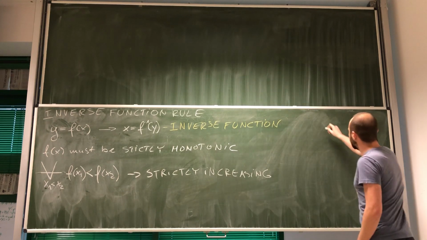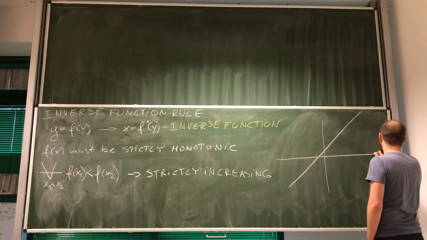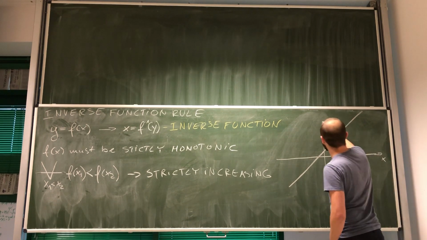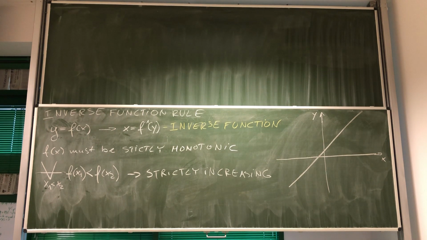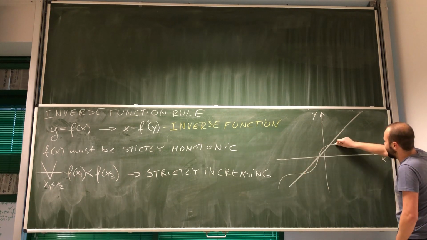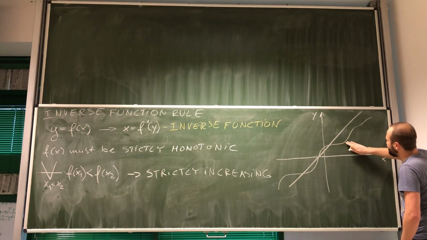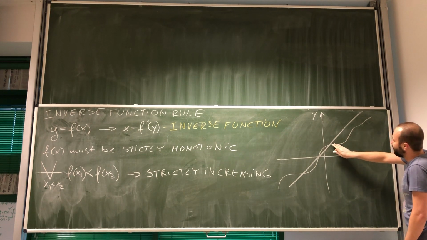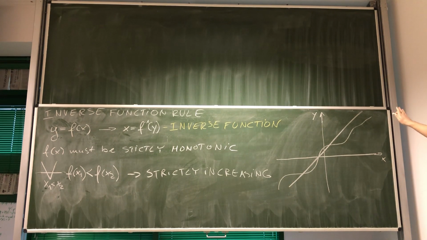So this would be, for example, a linear function, where with higher x, we always have associated higher y. But this function doesn't need to be a straight line, even if it moves like that, it never falls. If it just drops in the rate at which it increases, we are still having a strictly increasing function.